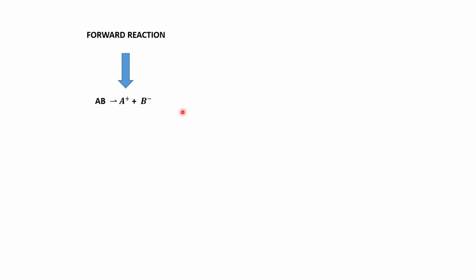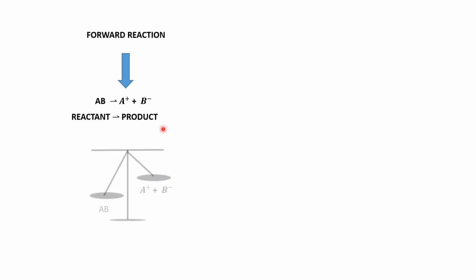For this reaction, AB was the reactant and A+ and B- were the products. Also, the concentration of AB was more, and A+ and B- was less in concentration terms. Now let's compare this forward reaction to the backward reaction.